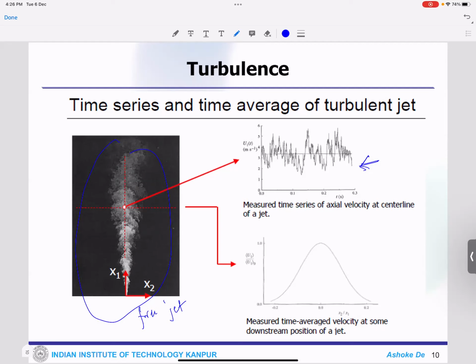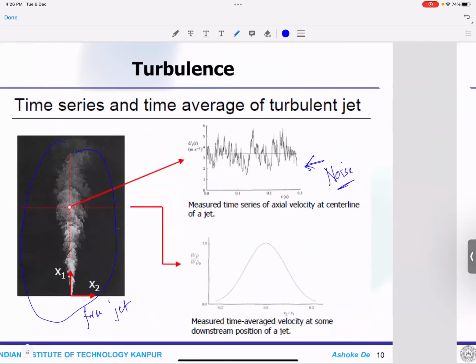The data looks quite noisy. There is a lot of noise in the data. This is one of the characteristics of a turbulent flow whenever you look at this signal. And more importantly, they are going to be unsteady in nature.